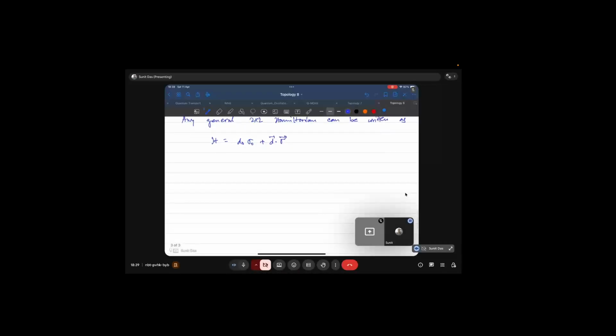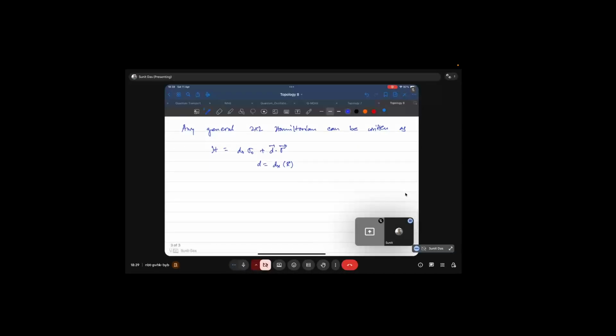So d0 is associated with the identity matrix, and d is some vector which has dx, which can be a function of kx, ky, and kz, all k basically. But for 2D, basically you will have only kx and ky. Okay, so as 2 by 2 Hamiltonian.